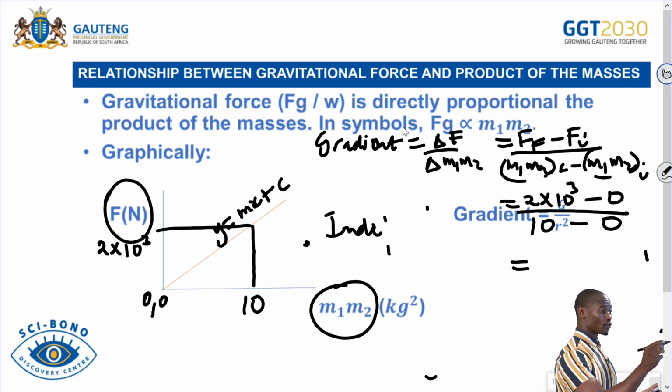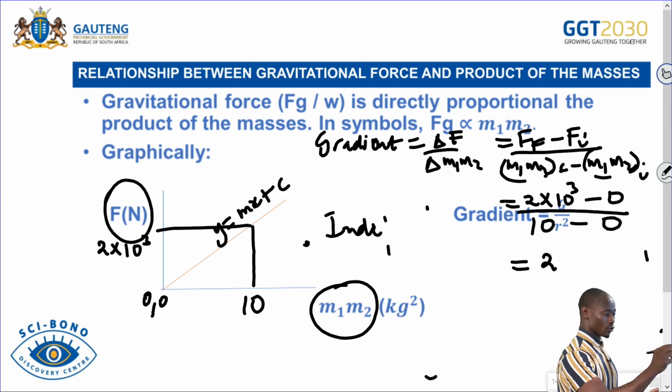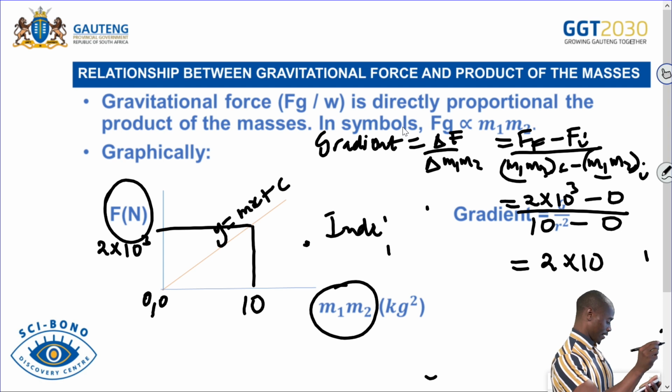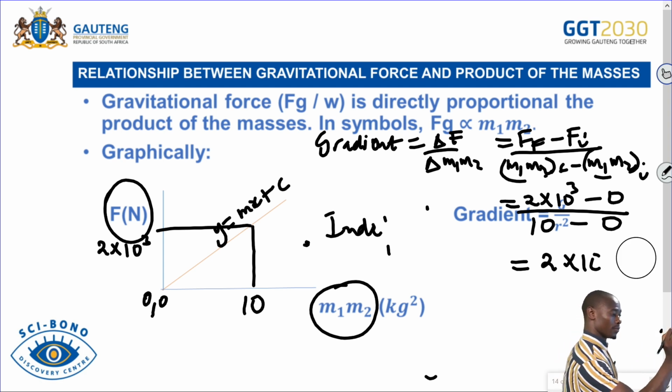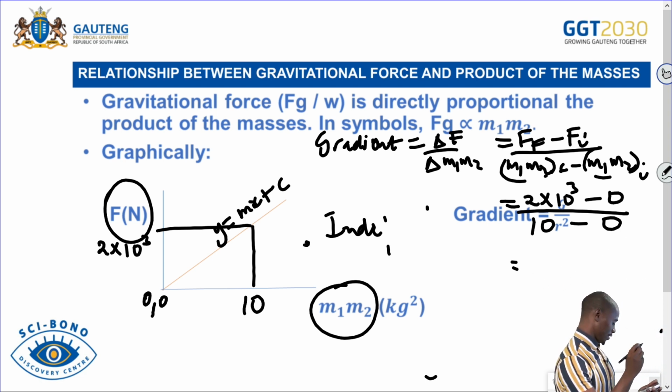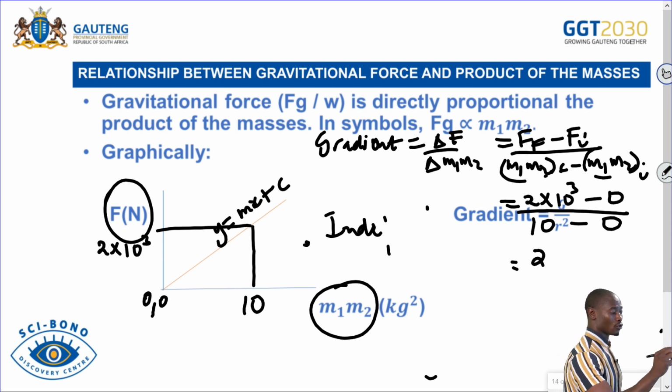Let me just check here. Am I getting 2000? So it's 2 times 10 to the power 3 divided by 10. No, it's 200. Sorry about that. So it's 200.